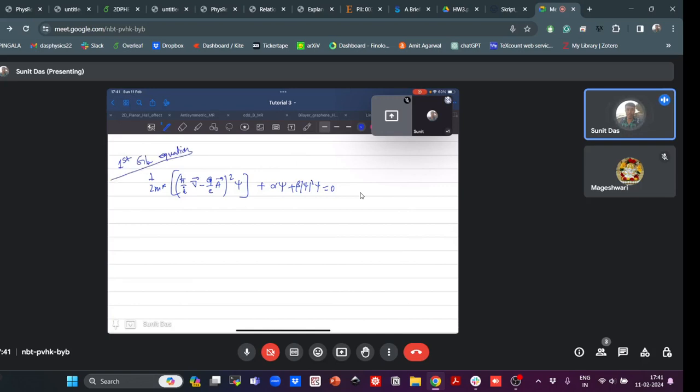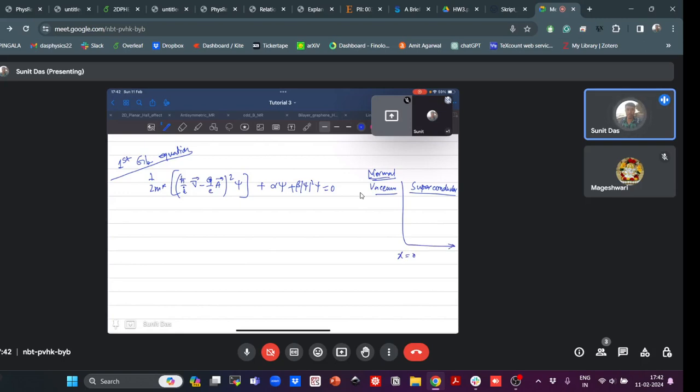And what is the geometry that we have? Let's say in this way, vacuum. Vacuum means normal state, nothing else. And this is the superconductor. So this is at x equal to 0, let's say.